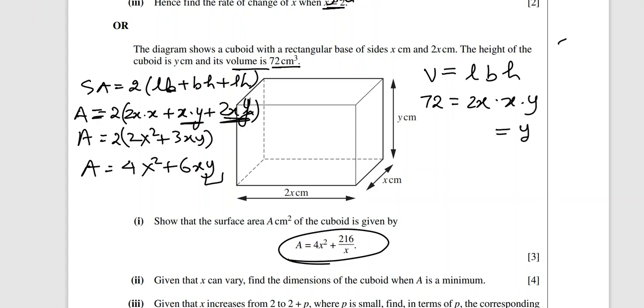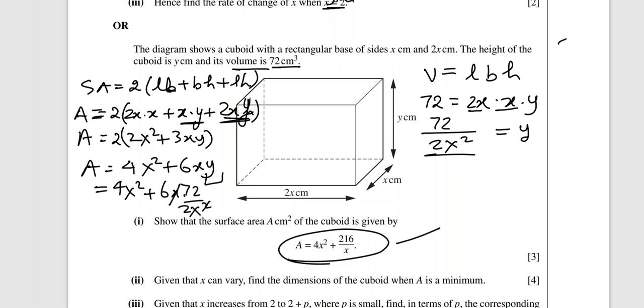So we want to eliminate y, so we'll isolate y here. 72 divided by 2x square, and this is what we'll do here now, equal to 4x square plus 6x times y. Y is now 72 over 2x square. One of these x's will cancel with this, and we get this expression. Done.